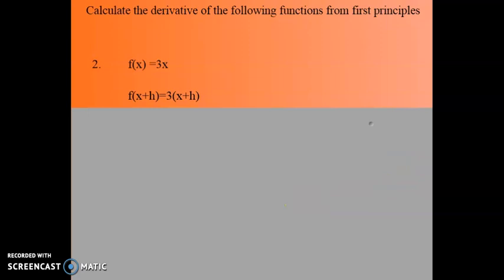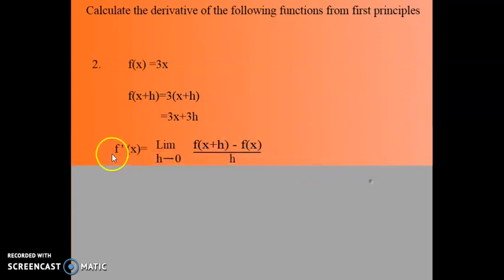What I do now is I expand, I get 3x plus 3h. So that is the value of this in my equation. So now I say the derivative of the function is the limit of this minus that, and I will substitute this value in there and that value in there.